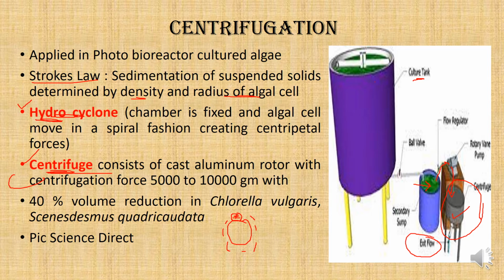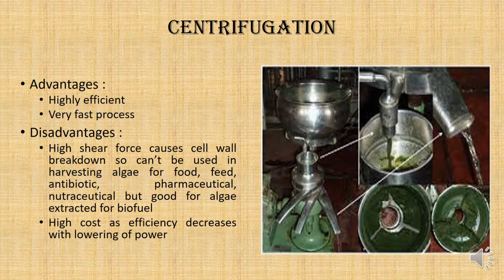This is also done on an industrial scale, also of the same type, aluminium or stainless steel. So here it is stainless steel, but sometimes aluminium centrifuges are also used. In the previous slide, that was an aluminium centrifuge.